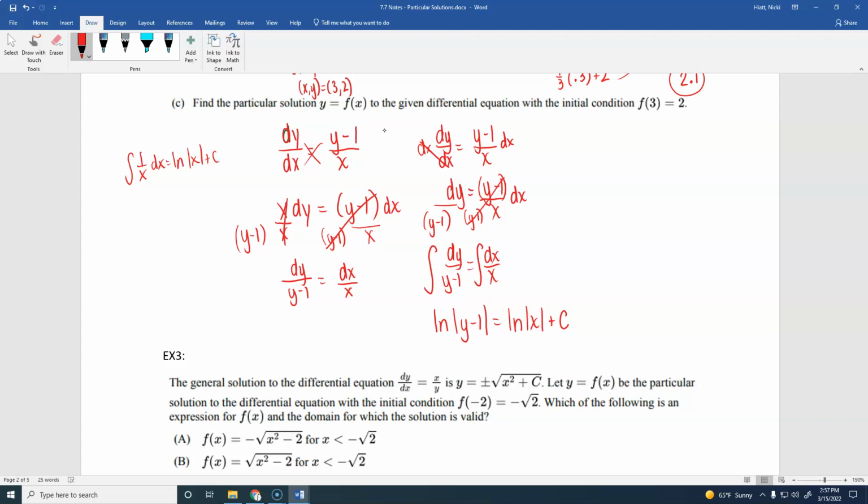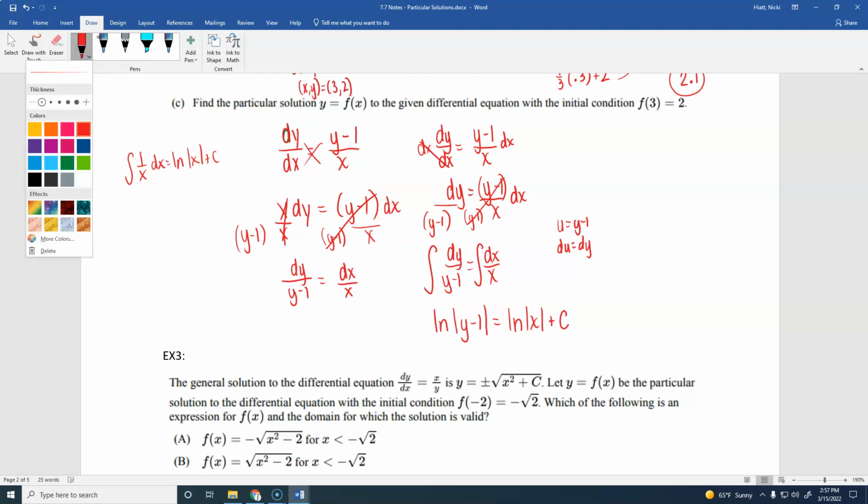Over here, it is a u-du substitution, where your u would be y minus 1. If it's anything besides just the y, then you would need to substitute in that case.